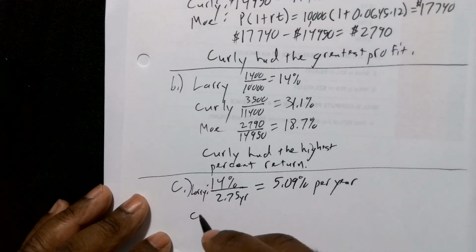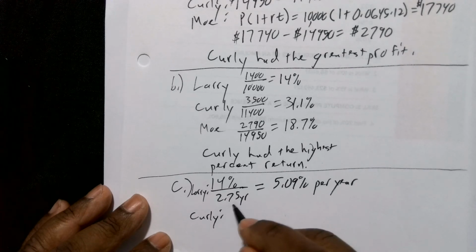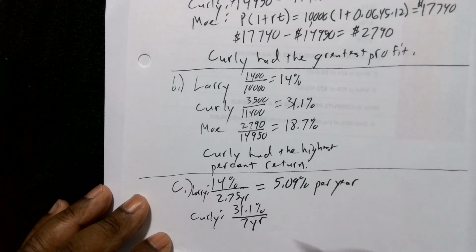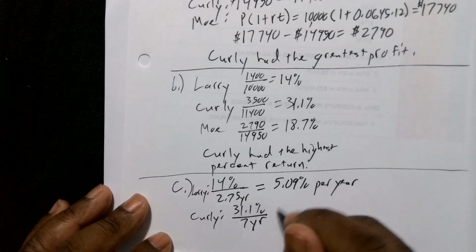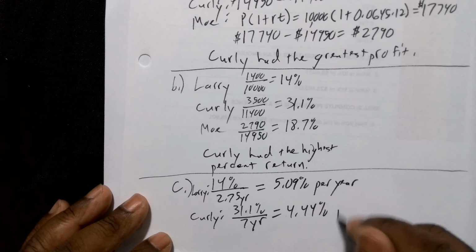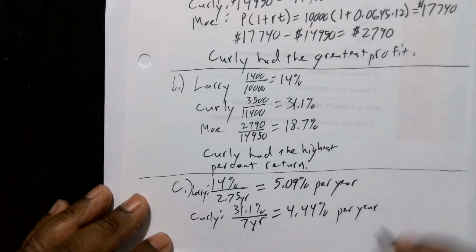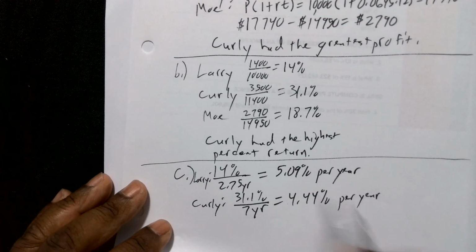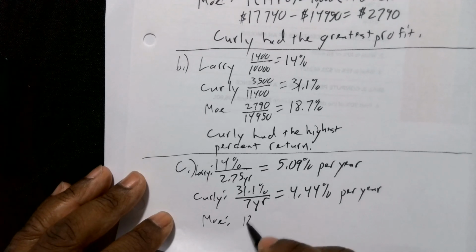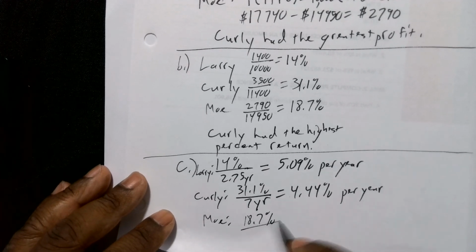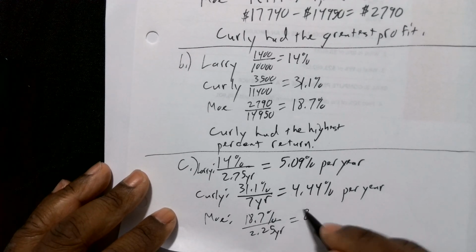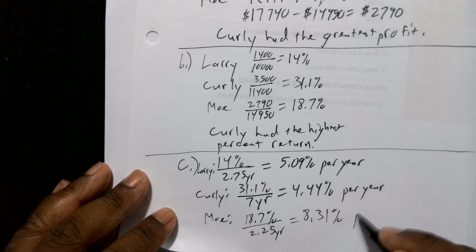Okay, Curly, he had 31.1% divided by the 7 years he held on to the bond. He received a 4.44% per year return. And then we have Mo, who had 18.7% for 2.25 years, and his return was 8.31% per year.